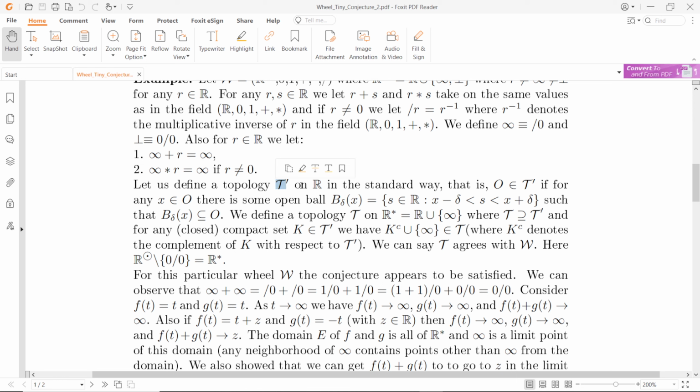So we define a topology on R in the standard way. The idea is if a subset of the reals is such that any point of it has an open ball around that point that is contained in that set, then that set will be in the topology. It will be an open set.